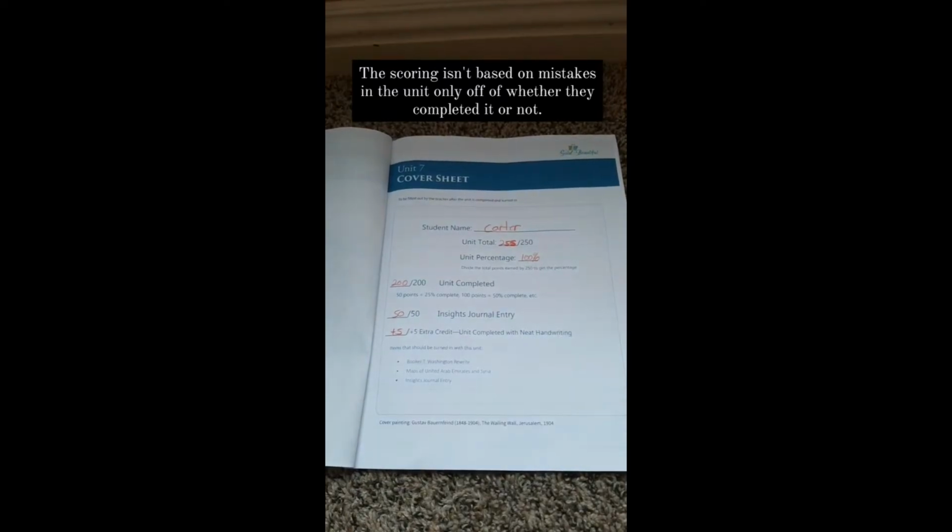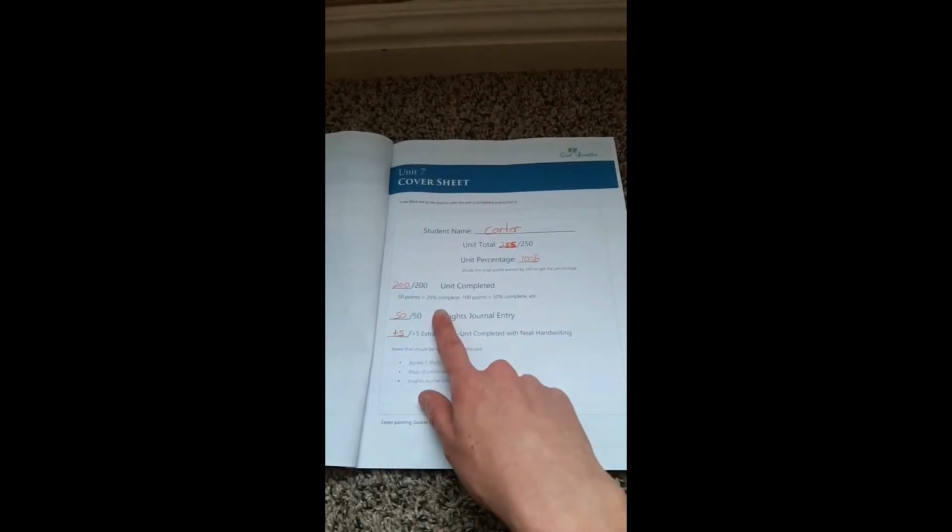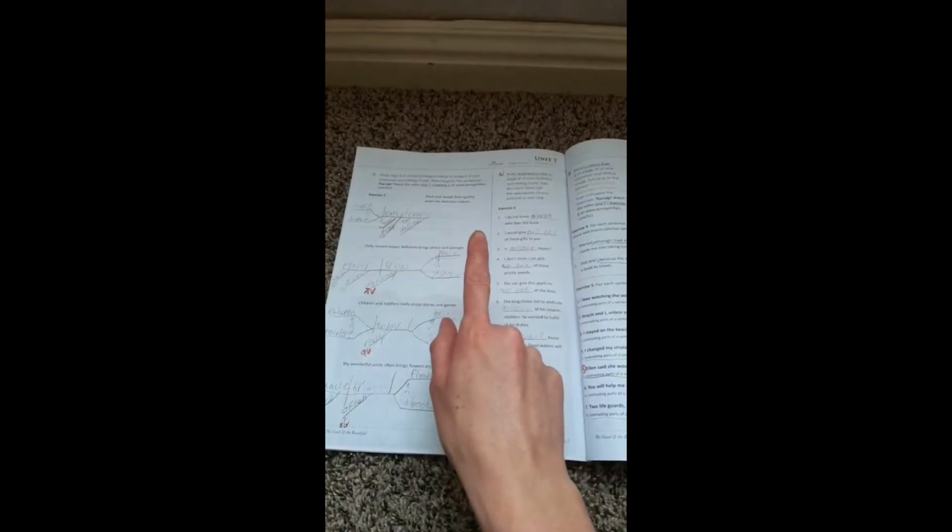So if they completed only 75% of this, and maybe they didn't do the art project, or maybe they didn't turn into you the insights journal, which is essentially an essay, then they don't get the full 200% for completing this unit.